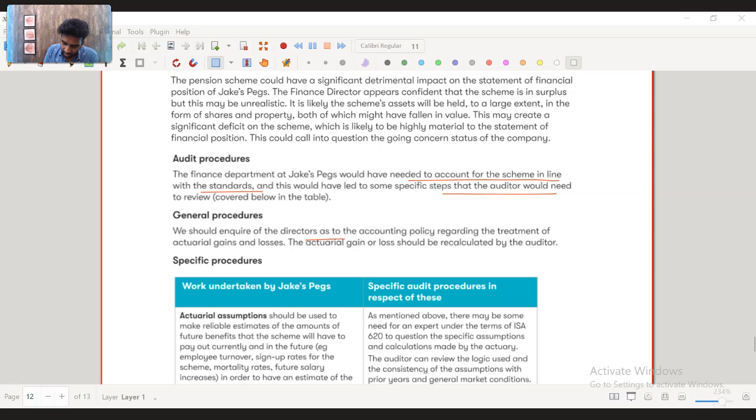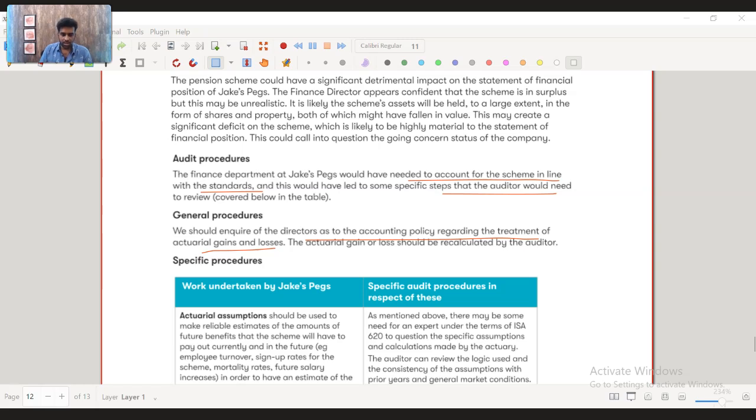We should inquire of the directors the accounting policy regarding the treatment of the actuarial gain or loss. So where the actuarial valuation comes in, whatever they have reported in the financial statements versus the actuarial valuation, the difference will be either an actuarial gain or an actuarial loss. So you can discuss with the director what the actuarial gain or loss is, what is the accounting treatment, are you taking it to P&L or OCI.